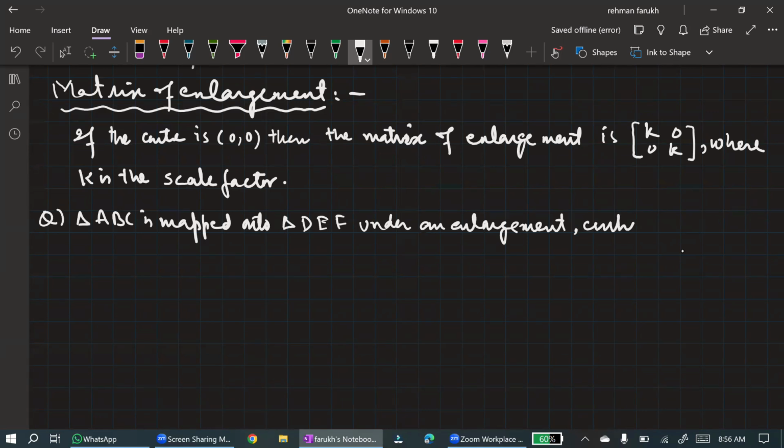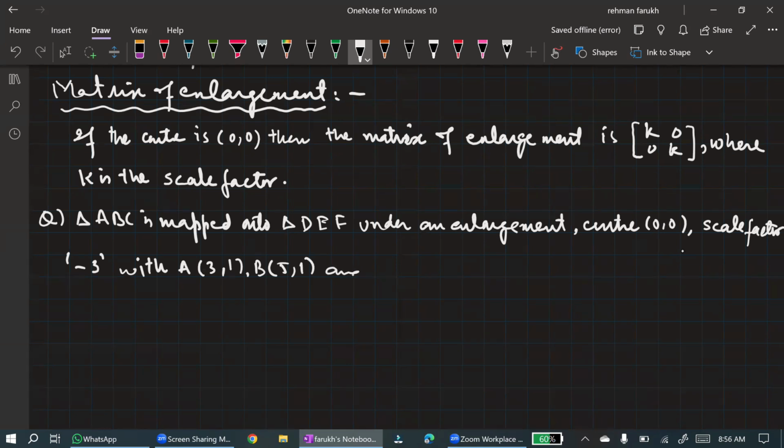Center 0, 0, scale factor minus 3, with A is 3, 1, B is 5, 1, and C is 5, 4. Find the coordinates of D, E, and F.